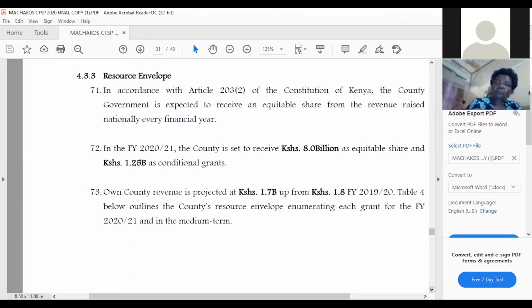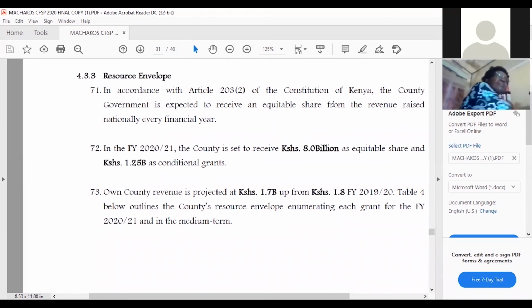So they're saying in accordance with Article 203(2) of the Constitution of Kenya, the county government is expected to receive an equitable share from the revenue raised nationally every financial year. And this one is usually based on a formula. That is what they were discussing the other day, the one that they fought.